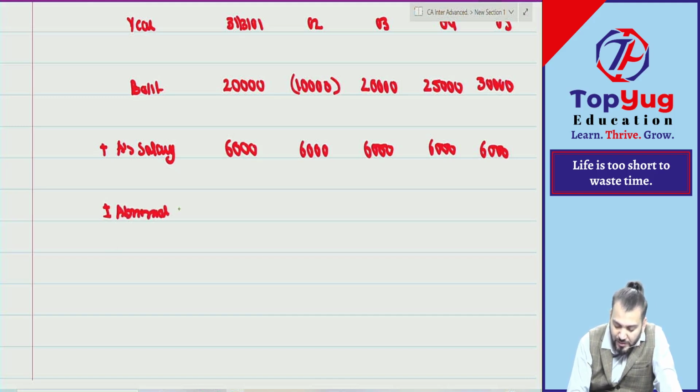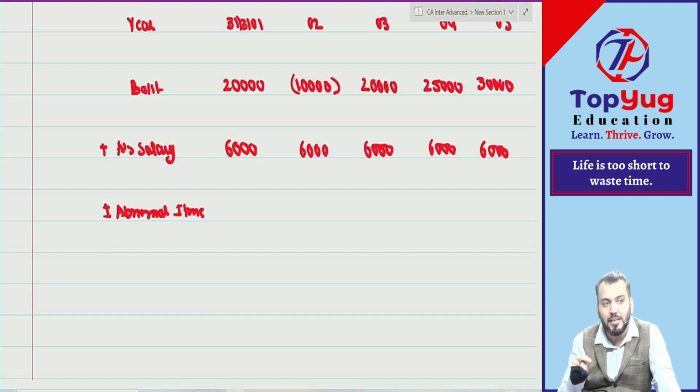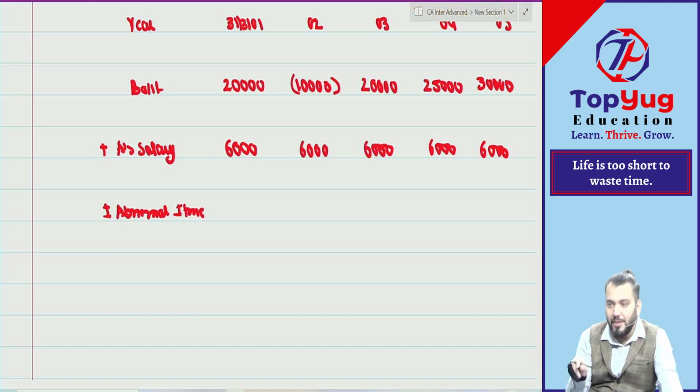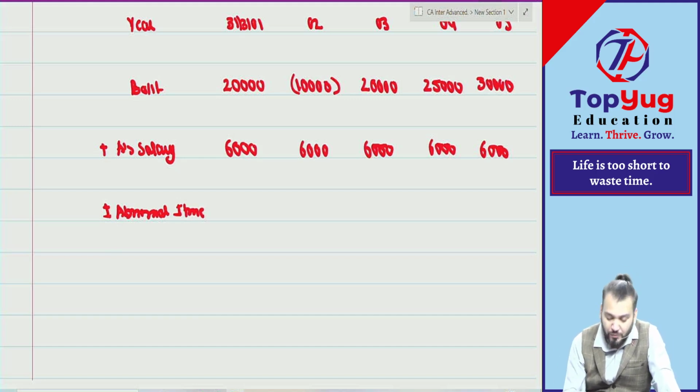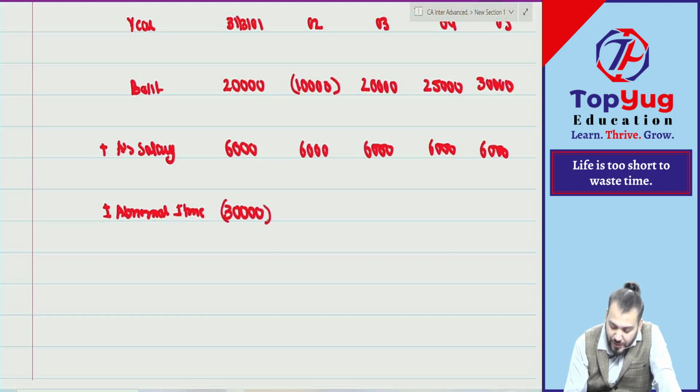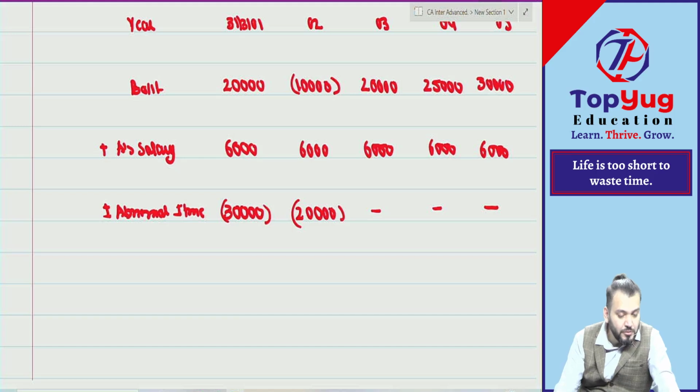We can say plus minus abnormal item. So abnormal gain will be deducted, abnormal loss will be added. So how much gain first year? 30,000 will be eliminated now. Minus. Loss how much? Understood this point?